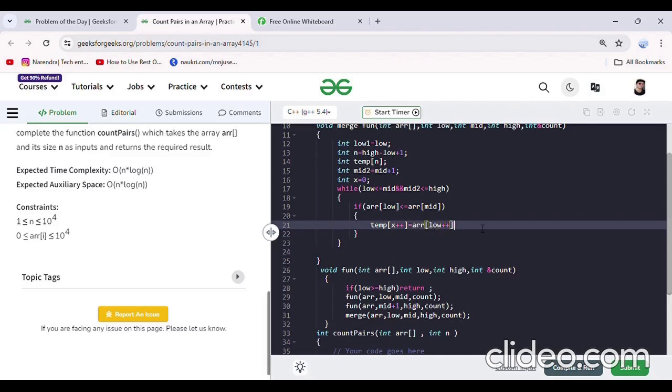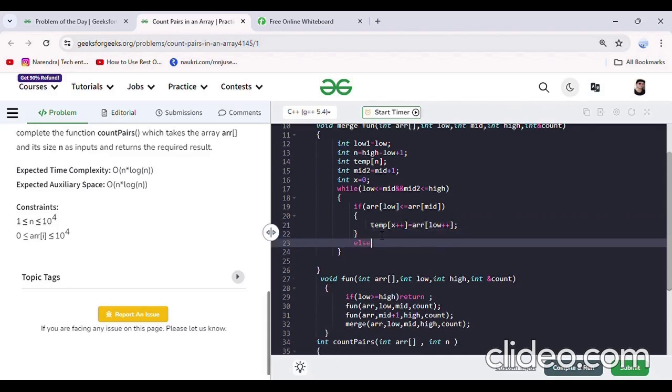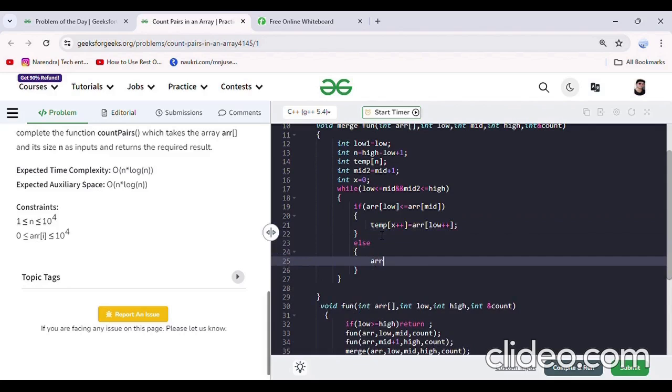Okay, now what I am doing is else. Here else condition means ARR of low is greater than ARR of mid. In that case, count is equal to mid high minus mid 2 plus 1.